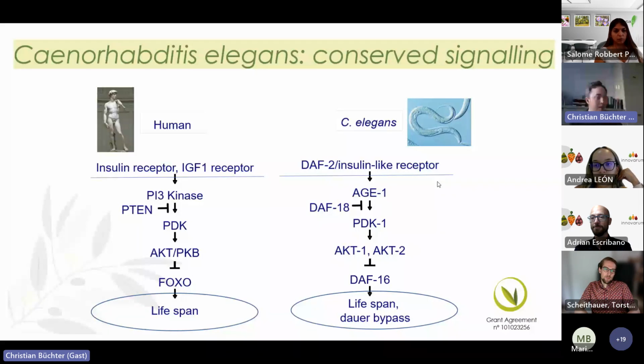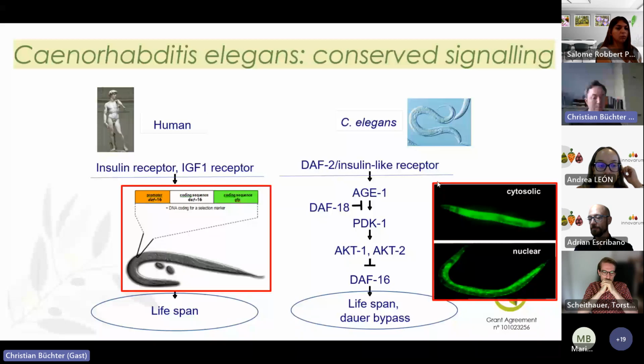So our main goal is to investigate the molecular mechanisms of natural compounds, if they induce some positive or protective effects. For example, in this signaling pathway, there's in the end the transcription factor DAF16. And here in our lab, we can use a transgenic strain of C. elegans that expresses the DAF16 transcription factor tagged with the green fluorescent protein.